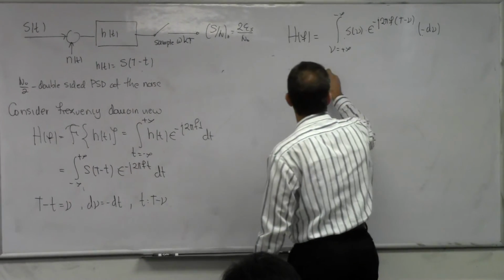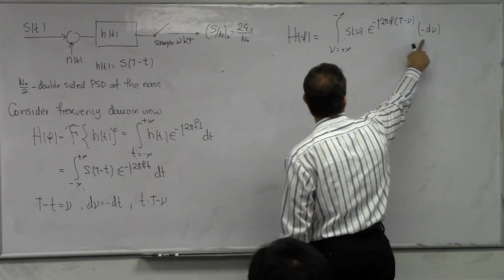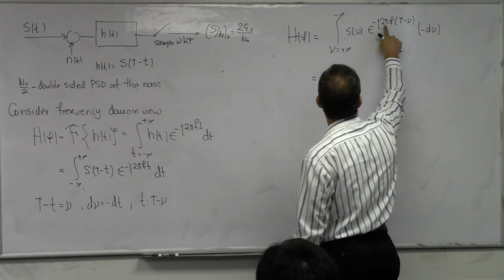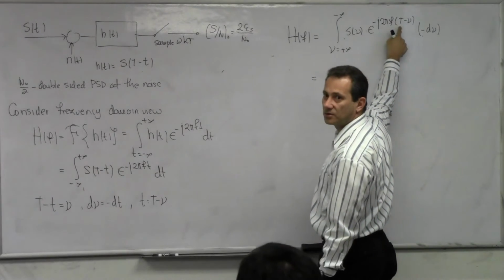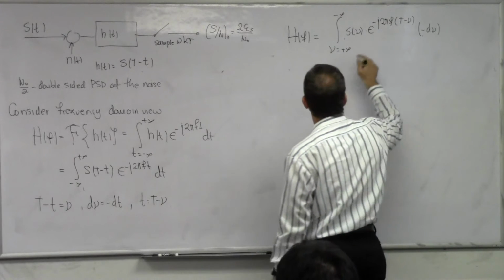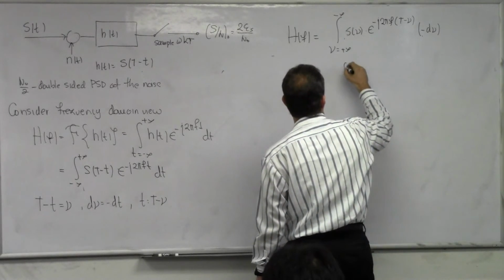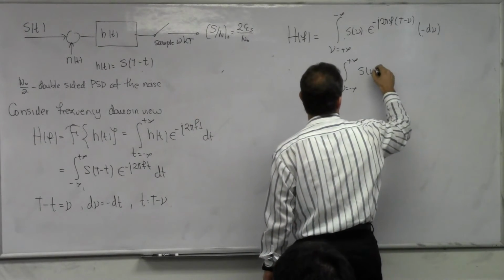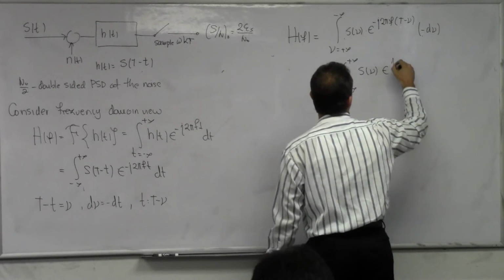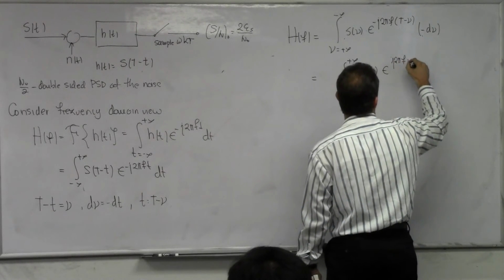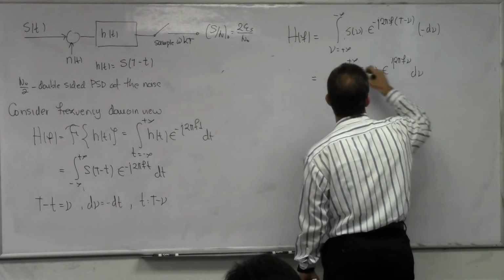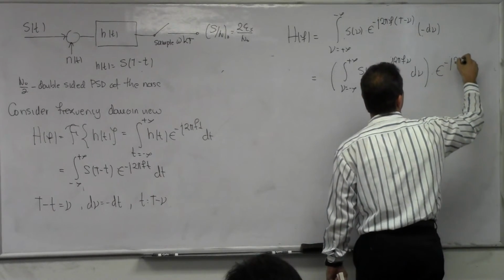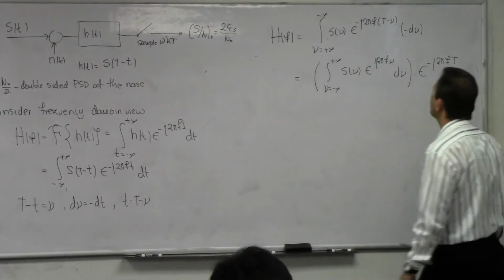So if I rearrange this a little bit, you can see that this minus is going to flip the borders back. I can take e to the minus j 2 pi f capital T outside because it does not depend on nu, right? So I end up with the integral, nu from minus infinity to plus infinity, s of nu e to the j 2 pi f nu d nu, times e to the minus j 2 pi f T.